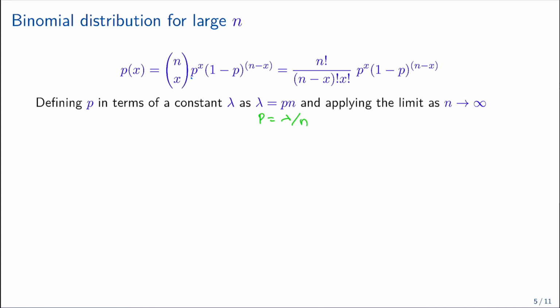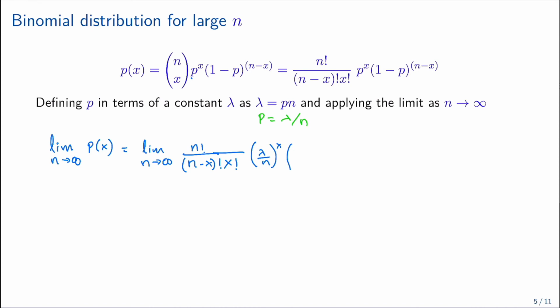So we have that the limit when n approaches infinity of p of x is equal to the limit when n approaches infinity of n factorial divided by n minus x factorial multiplied by x factorial in the denominator, multiplied by p, which is lambda over n to the x, and multiplied by 1 minus p, which is 1 minus lambda over n to the n minus x.